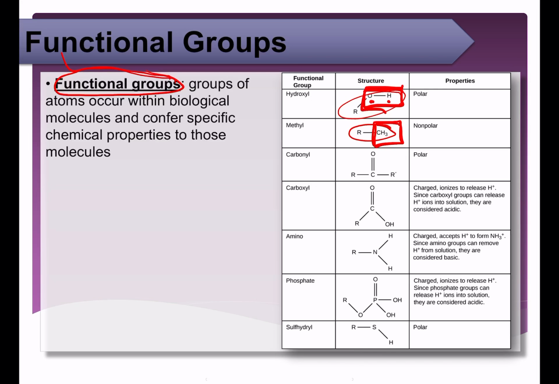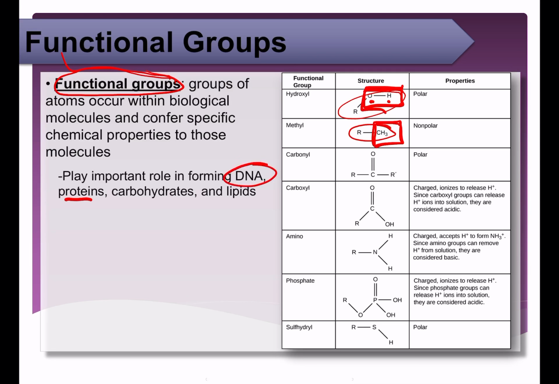These functional groups make up our biological molecules that will allow the molecules to have different specific chemical properties for their unique function. Some play a role in structural cases, and some play a role in chemical reaction cases. These play an important role, for example, in forming DNA molecules, your proteins, carbohydrates, and your lipids.